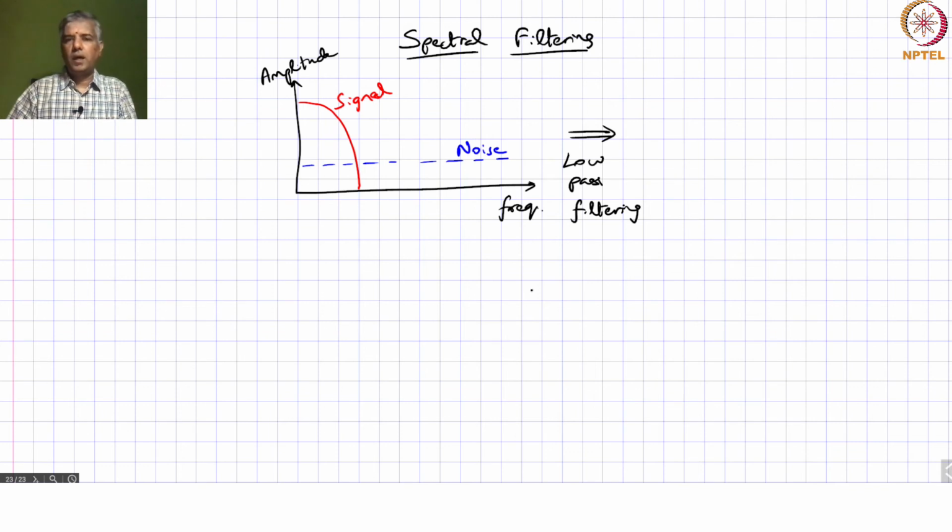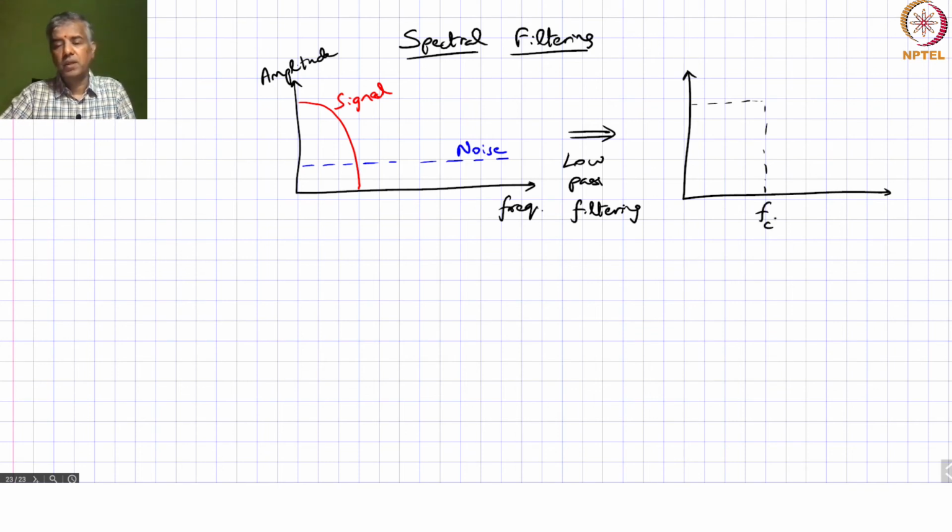Okay, so if you do low pass filtering, essentially we are saying that we apply a filter that cuts things off at a certain frequency. Let's say FC is the cutoff of your low pass filter. Now, of course, FC is typically like a corner frequency, and then there is actually a very gentle roll off of the filter response.